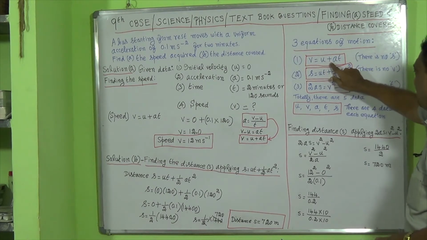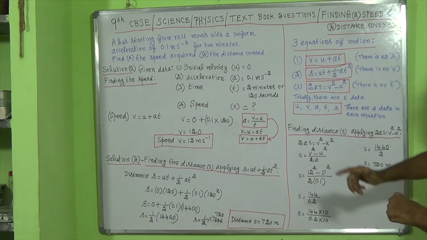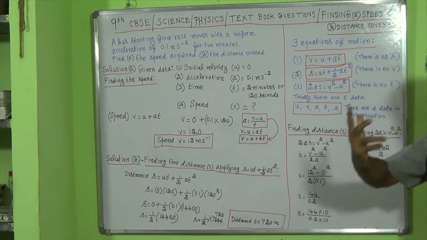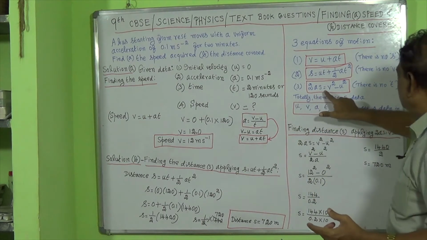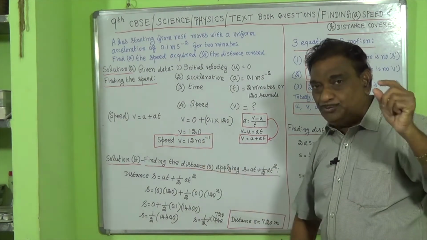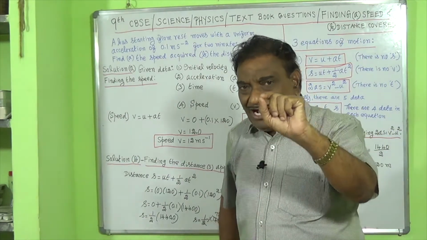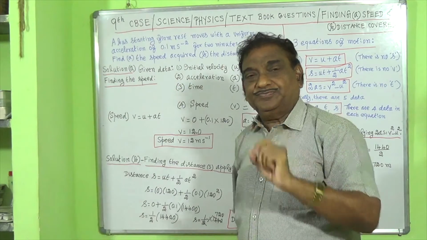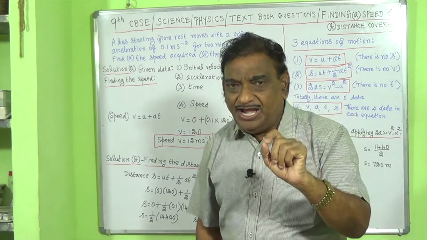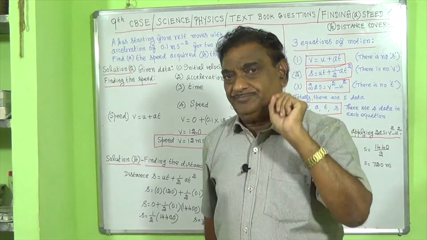In the first equation, there is no distance s. In the second equation, there is no final velocity v. In the third equation, there is no time t. Depending upon the data given, we have to select the suitable formula.